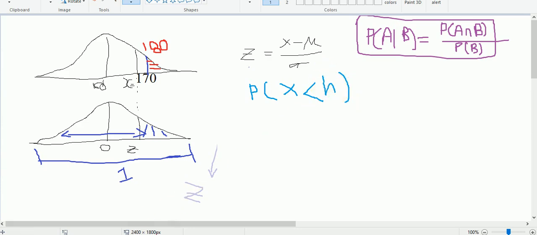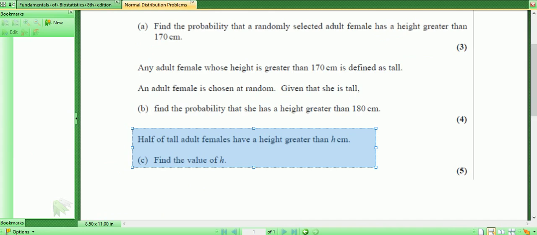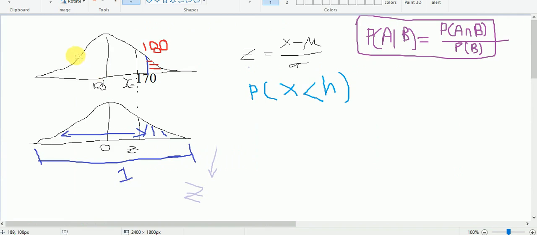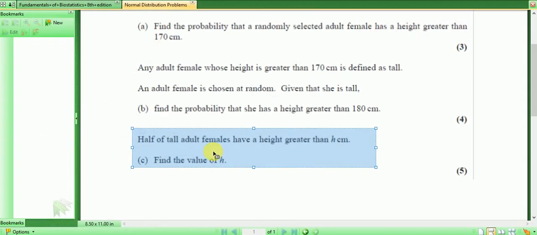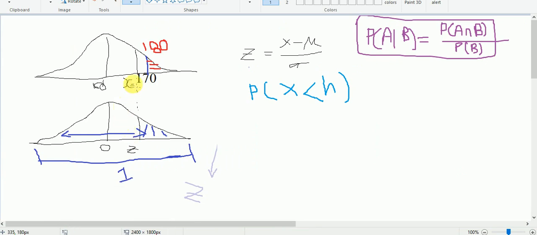I do not know the value of H. It is given that half of the tall adult females have a height greater than H. So see, the half of the tall adult females. Where we will say tall? If it is greater than 170, I will say that it is tall. So let me just put H here.